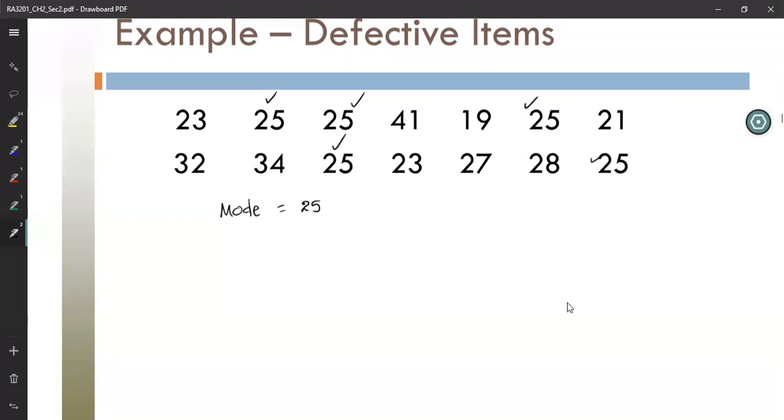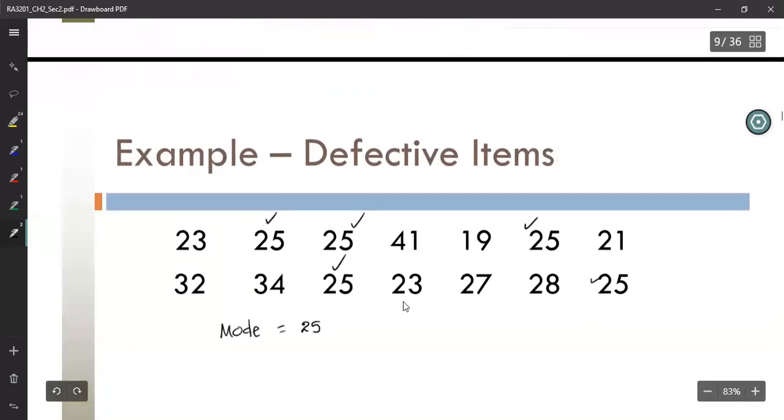Unless there's only one observation, in which case that observation is both the mean and the median. So mode behaves differently compared to the mean and the median. Is that clear to all of you? The difference is that mode is not unique and there can be many modes, while the mean and median are unique, meaning there is only one value for each for a given data set.